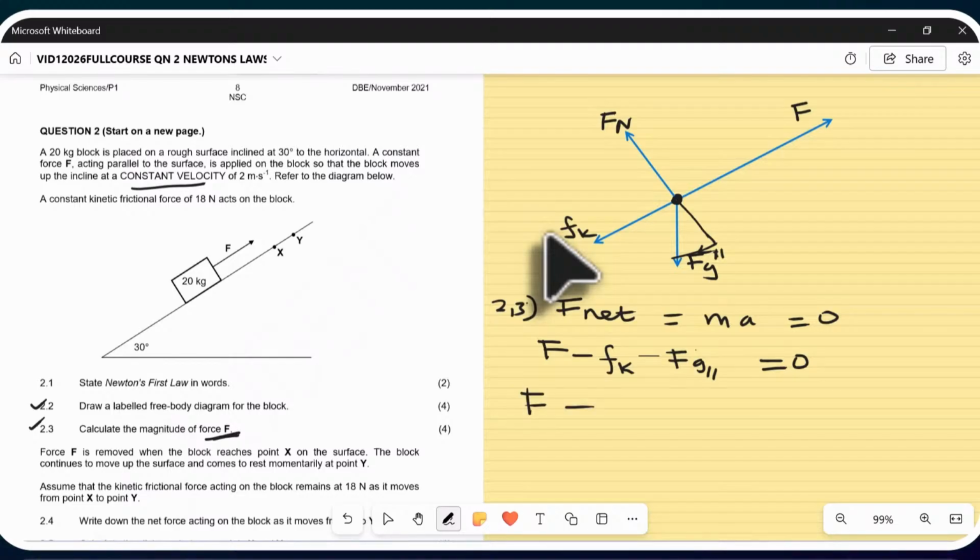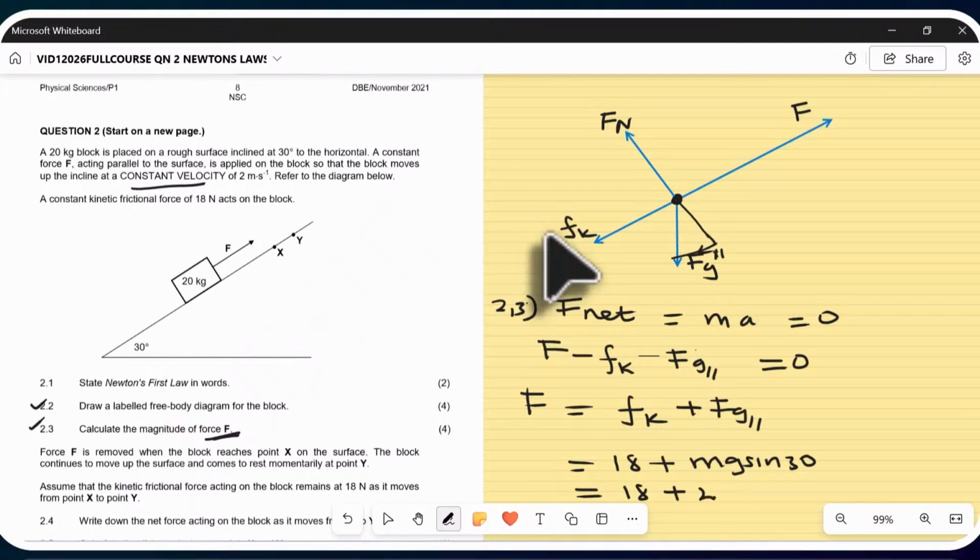So here it's going to be the 18 newtons plus, how do you find Fg parallel? It is mg sine of 30. Now that we know the mass, they gave us the mass of 20, so 20 times 9.8, and then sine of 30.